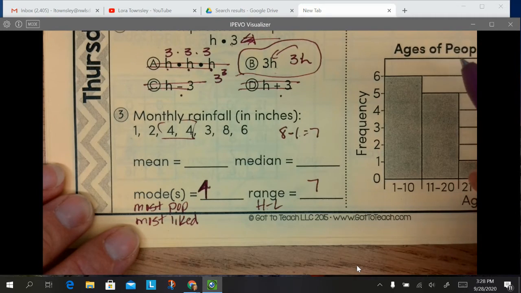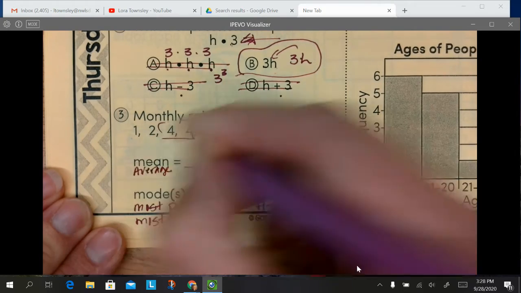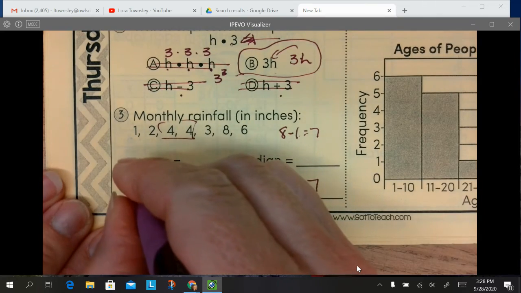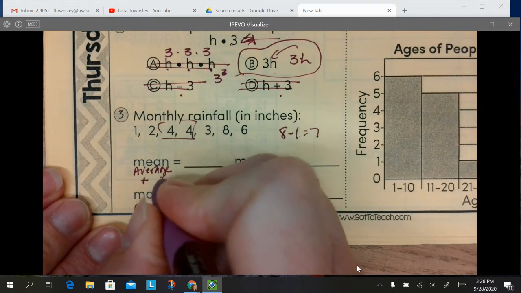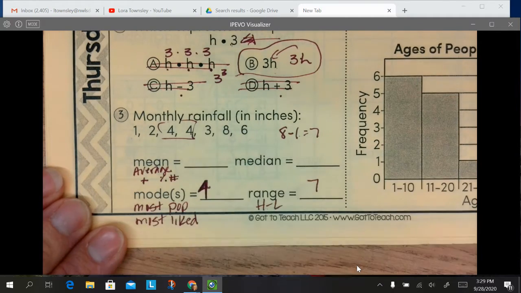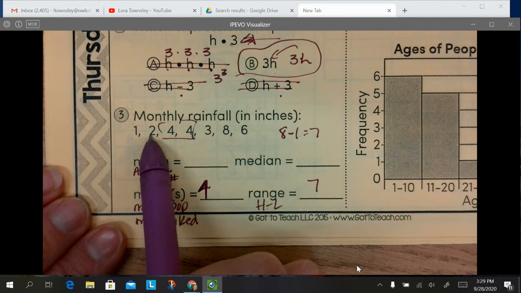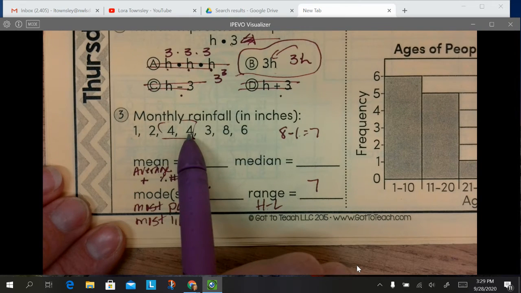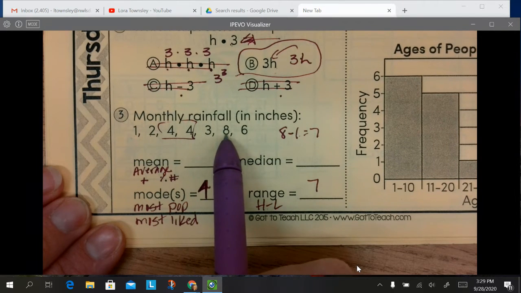Now your mean is your average. To find your average, you add all these pieces of data together and divide by the number of data that you have. So 1 plus 2 is 3, plus 4 is 7, plus 4 more is 11, there's 14, 22, 28.